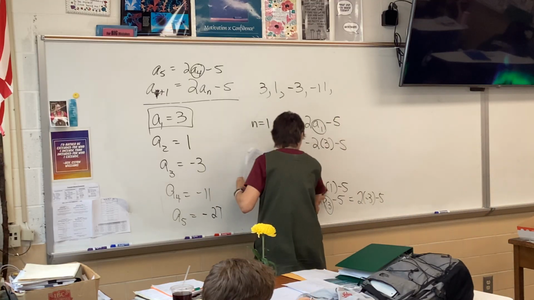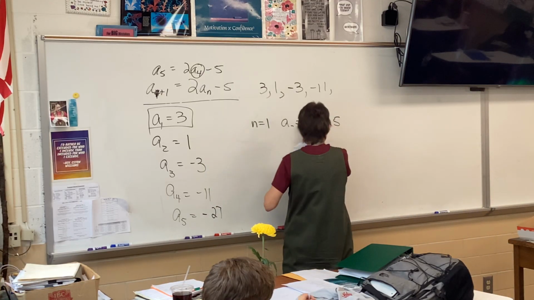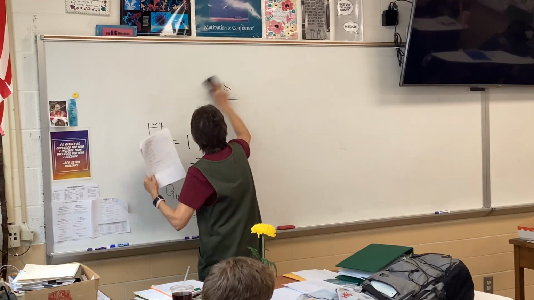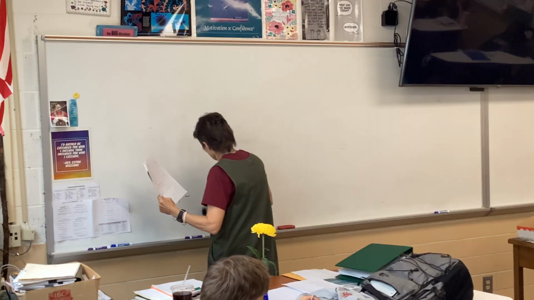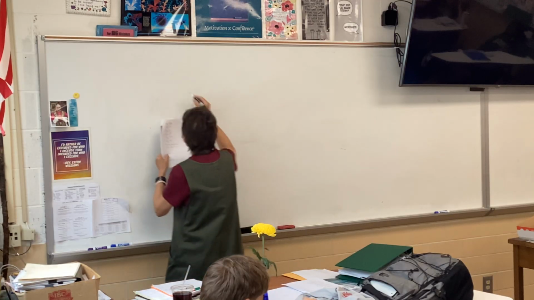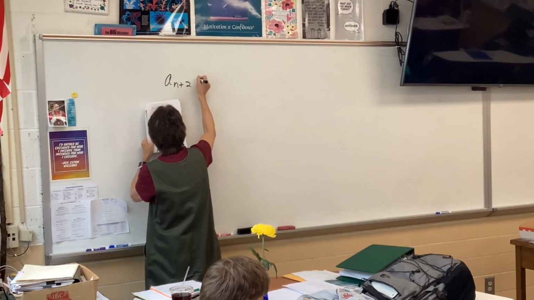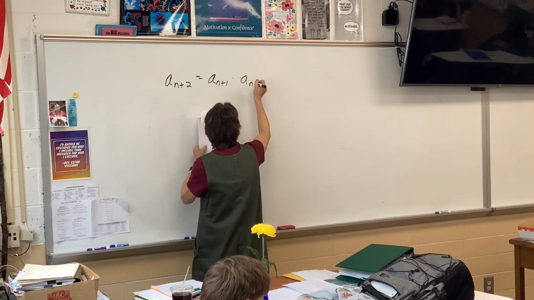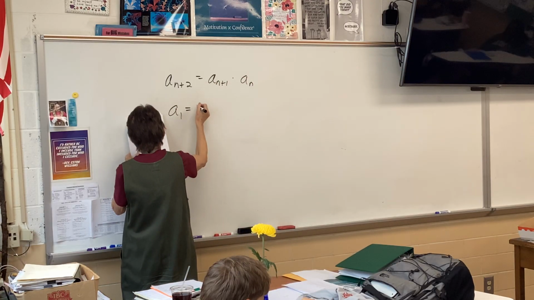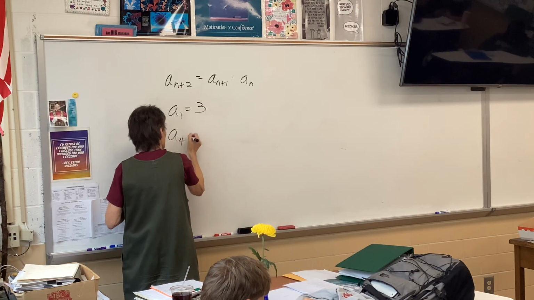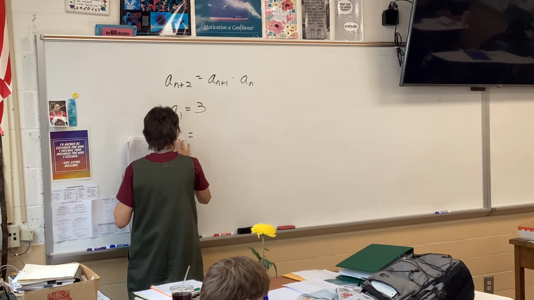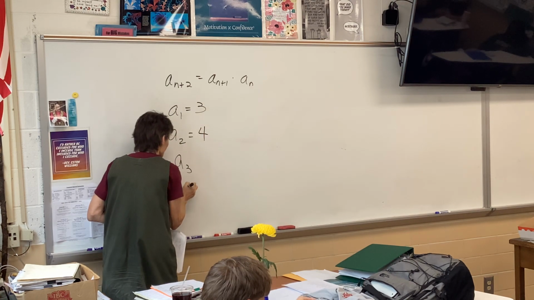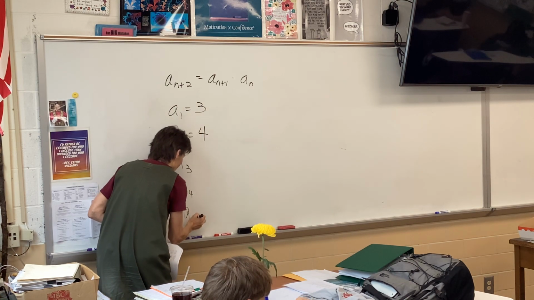You're not generating anything special here. You're just generating the numbers of this random sequence. So this one is this. And we're told that the first term is 3 and the second term is 4. And we need the third and the fourth and the fifth.